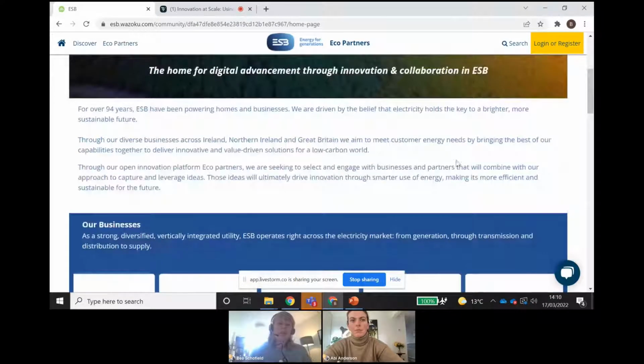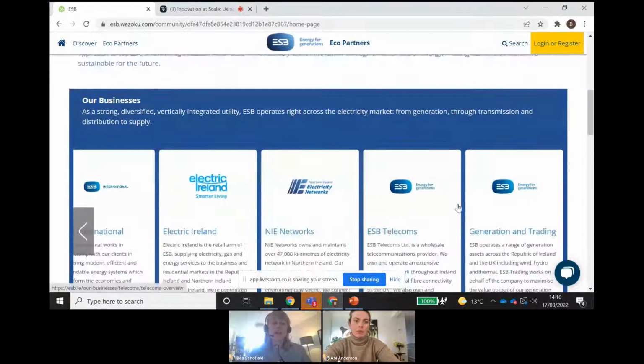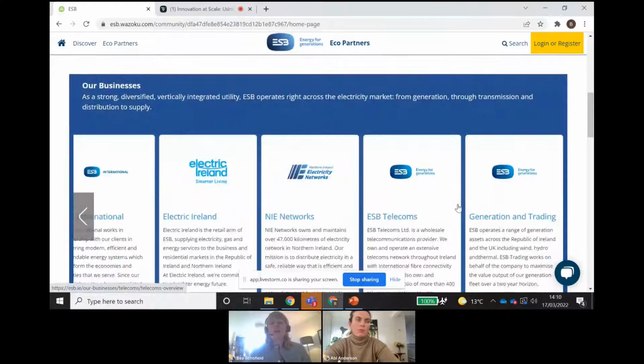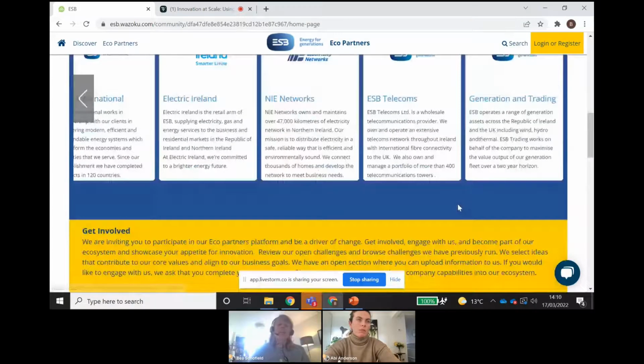So you can see here, we've got a little bit of information around what they're seeking to do around engaging with businesses and partners, to leverage those innovations and ideas to drive an outcome of a smarter use of energy. So very much linked to the future of the organization. And of course, it gives suppliers information about how the business operates, what it's doing, and most importantly, getting involved.